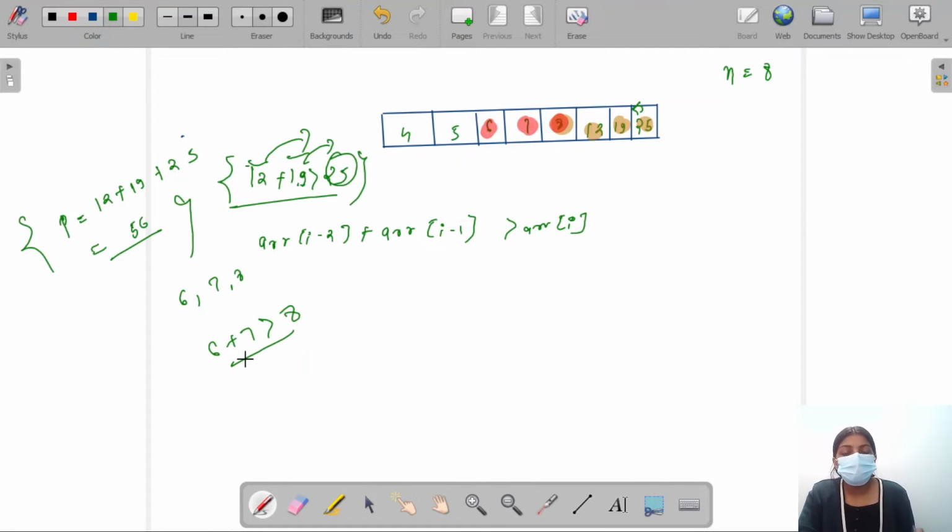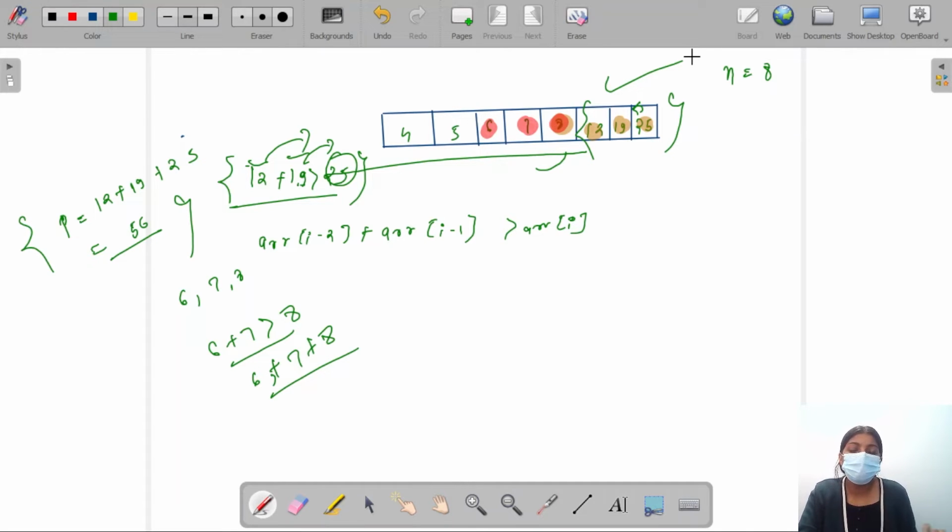But because these three sides are smaller than my largest three sides, they will form a lesser perimeter. So I don't have to check all these elements. If I find a triangle here, I will return the perimeter from here itself.